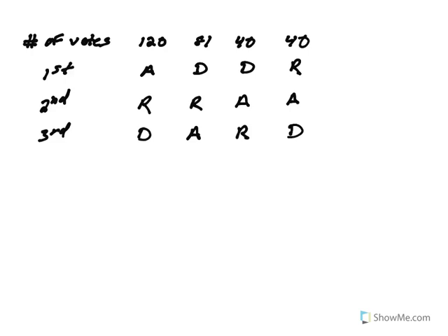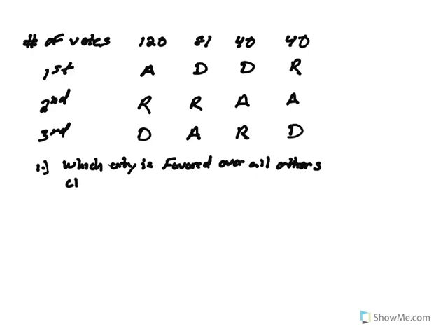So the question, again, excuse me, sometimes this pen slips a lot. It's hard to write. So the first question that I'm going to ask is which city is favored over all others, using the head-to-head comparison.